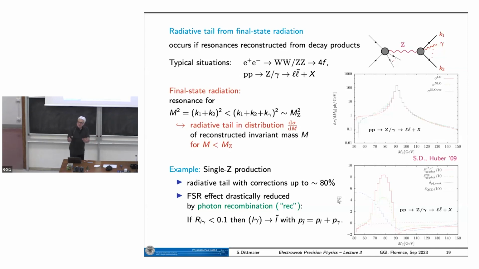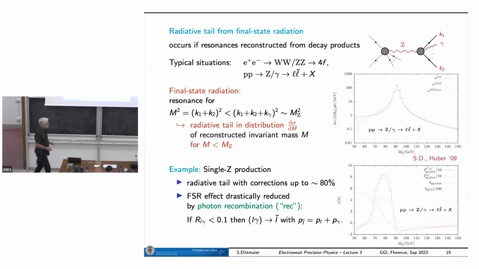And if you do this recombination, as I've said, when the photons become too close to, let's say, the muon or whatever fermion, then I just add the corresponding momenta and I treat the lepton as a quasi-lepton, which has some kind of photon cloud surrounding it inside a cone. And then you get this green curve, and with the resolution parameter chosen here, it basically reduces the impact of this correction by a factor of 2.